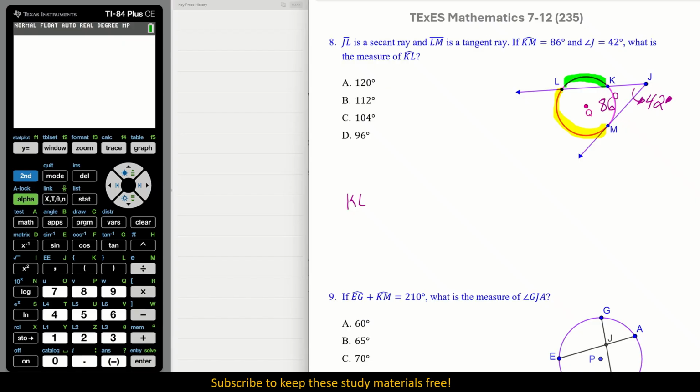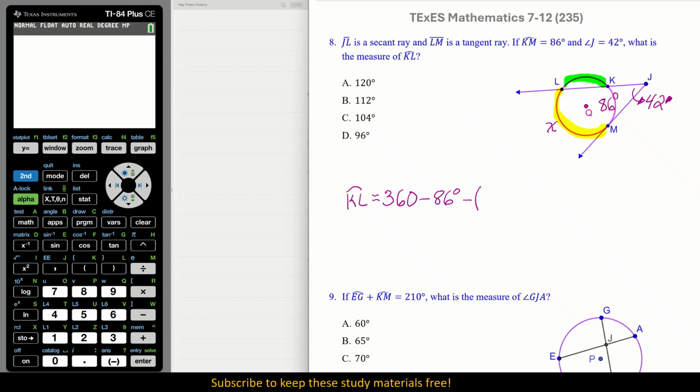We are looking for the arc KL, and that equals 360 degrees minus 86 degrees, minus X, this arc X right here. Whatever that is, that's what it's going to be. Now we need to find X, and we're going to do this all at once.